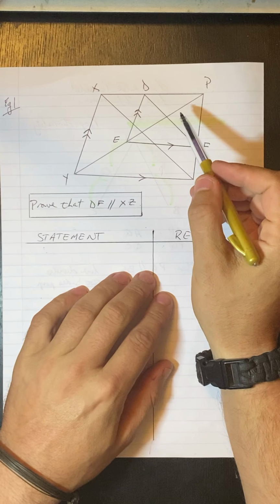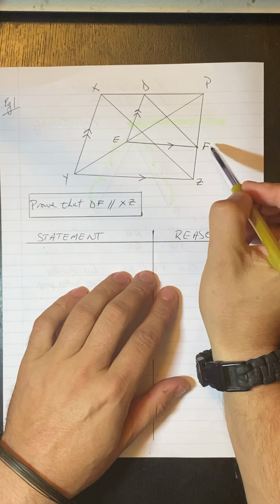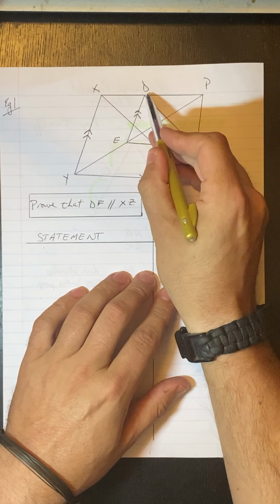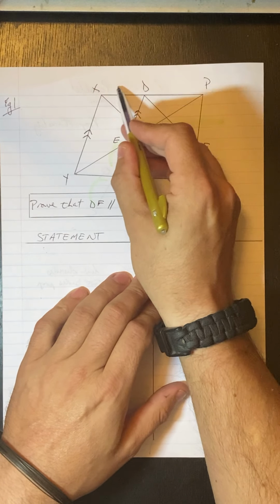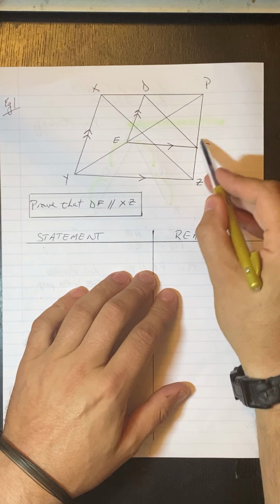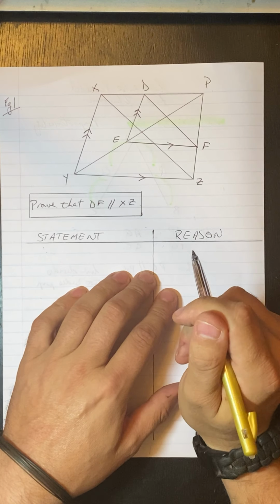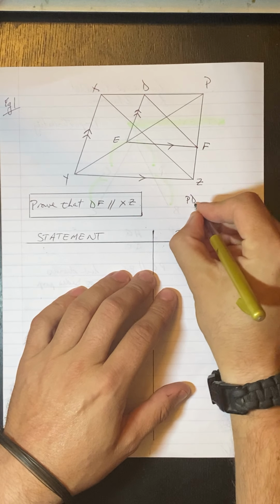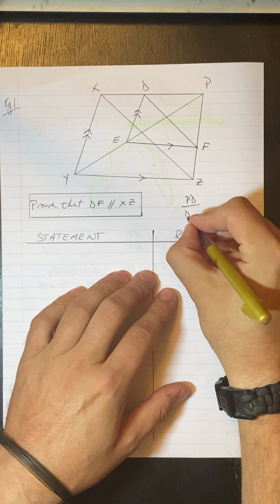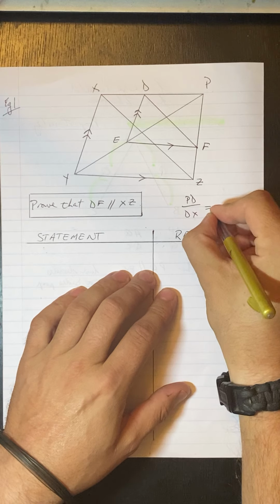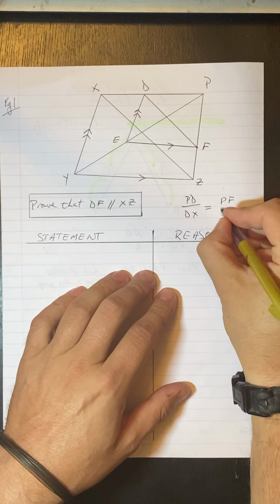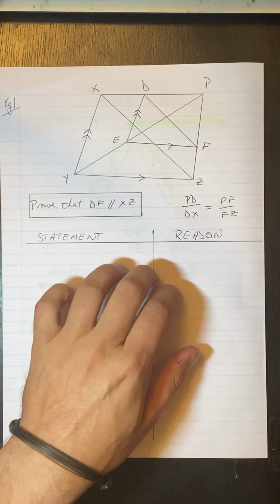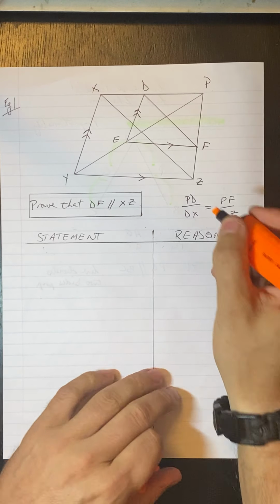If we have to prove that this is parallel to this, then I must show that PD to DZ must be equal to PF to FZ. That's what I'm looking at, and I'm going to make a note of it here, and try to prove.